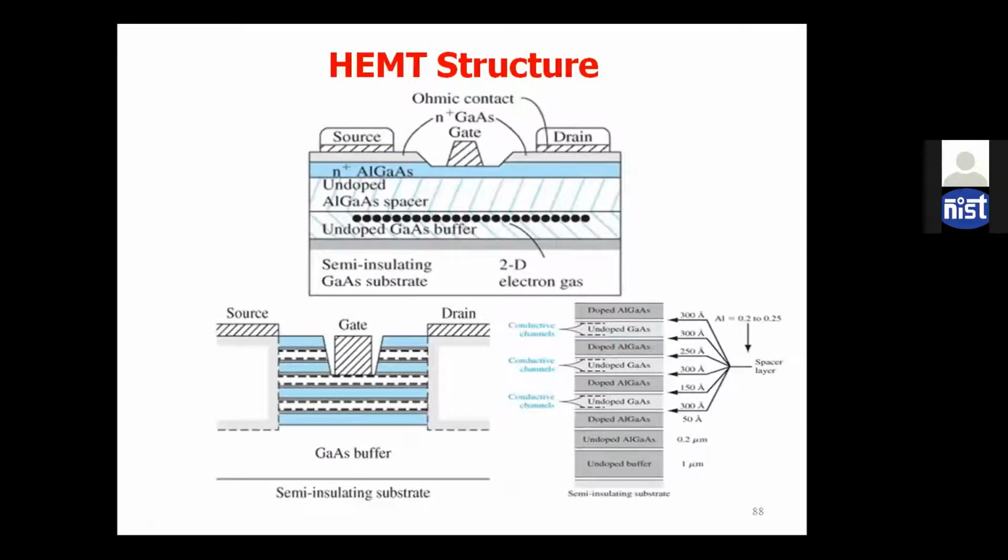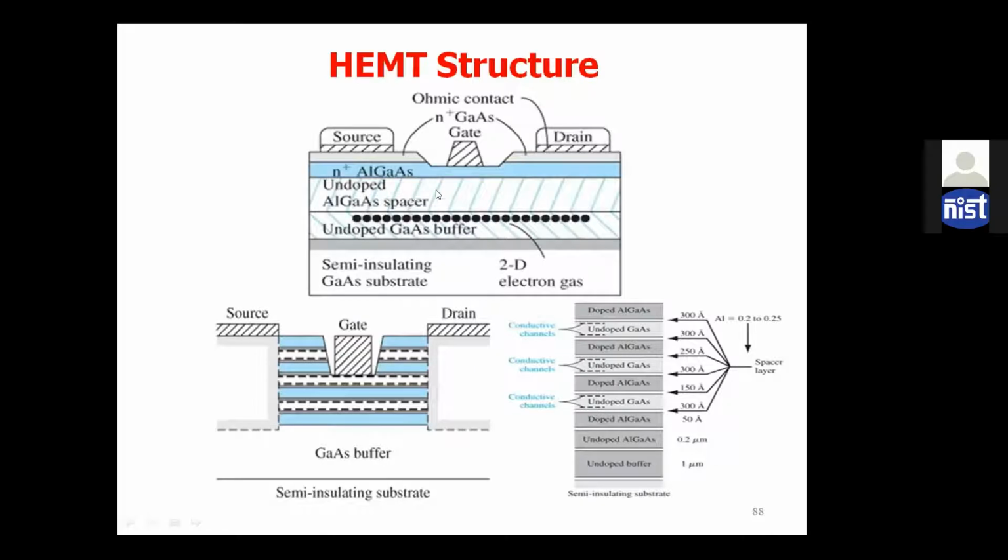So by using the same concept, the HEMT, which is a high electron mobility transistor, where you apply the gate, source, and drain, but instead of silicon, you take this heterostructure property. That means here you take AlGaAs, which is doped.